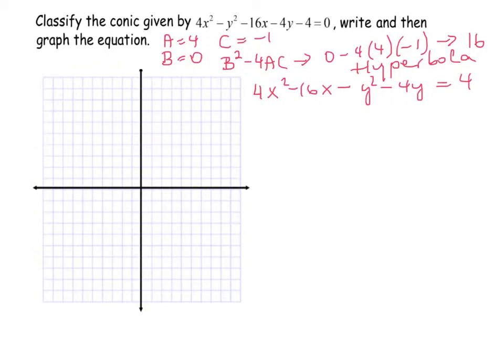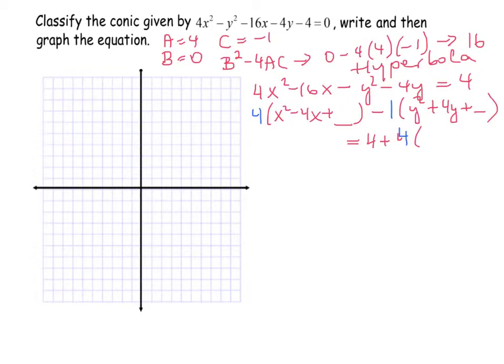So I'm going to say 4 times x squared minus 4x plus, and I will leave my blank, minus, and I'm factoring out this -1, so I get y squared plus 4y, and again I'm leaving my blank, and that will equal 4 plus 4 times blank and -1 times the blank.